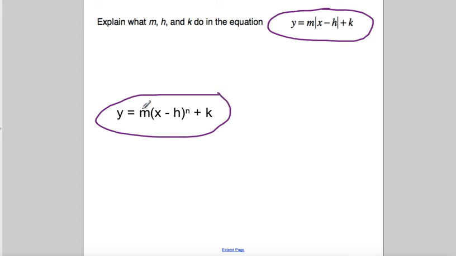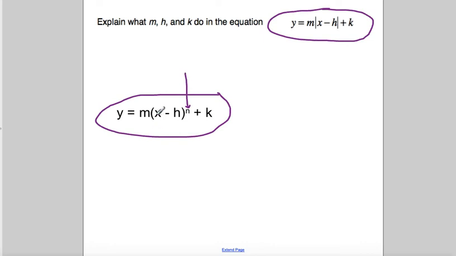And as we change m, it still changes the slope of the function. As we change h, it changes the x-intercept of the function. As we change k, it changes the y-intercept of the function. And the nth power is what changes the function itself.